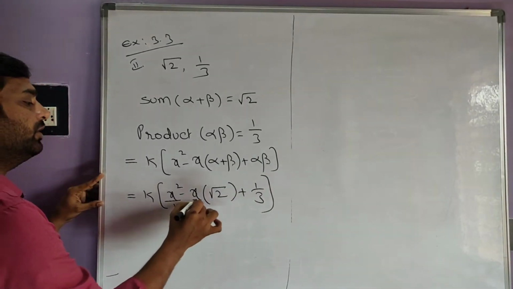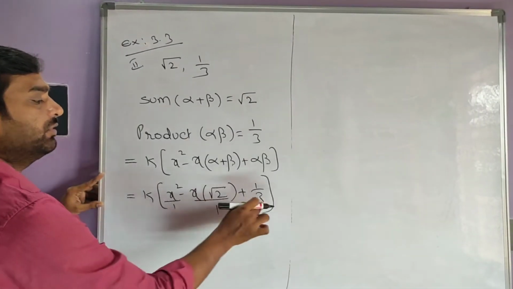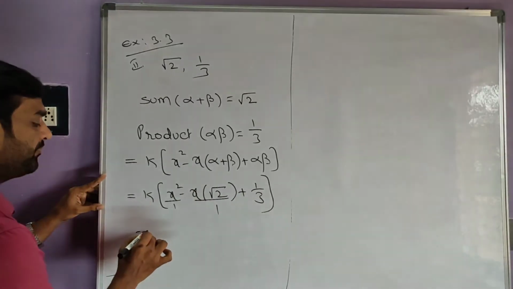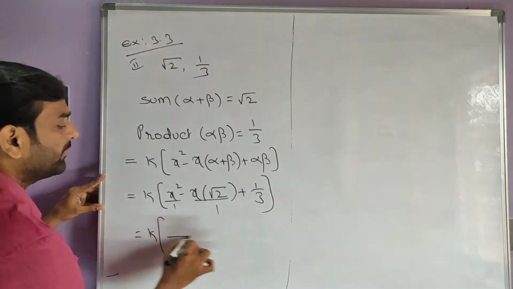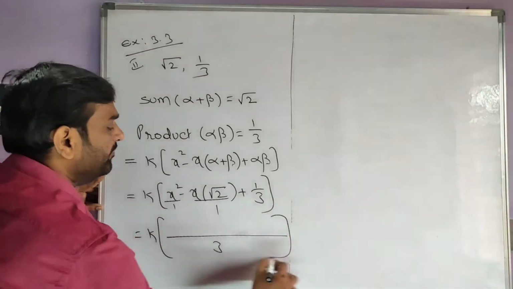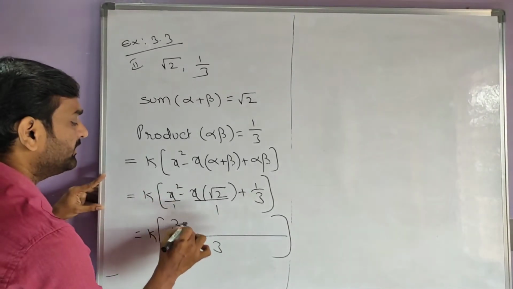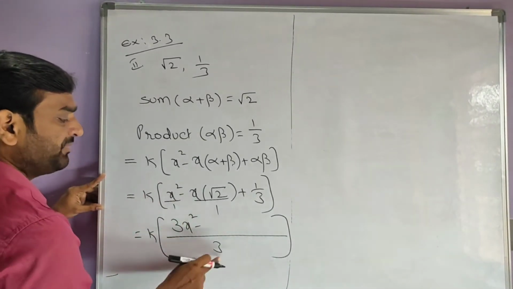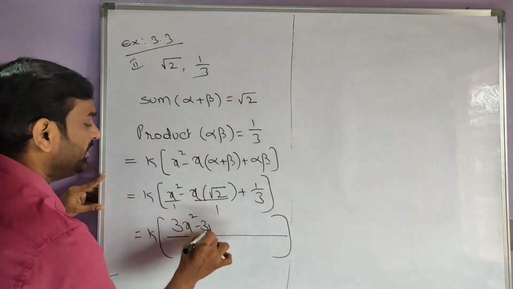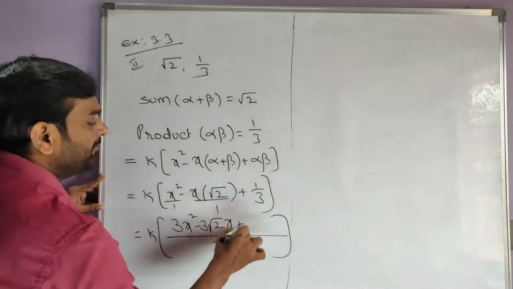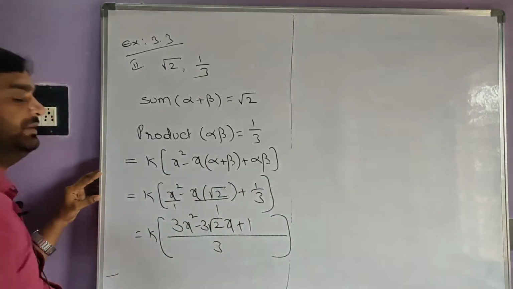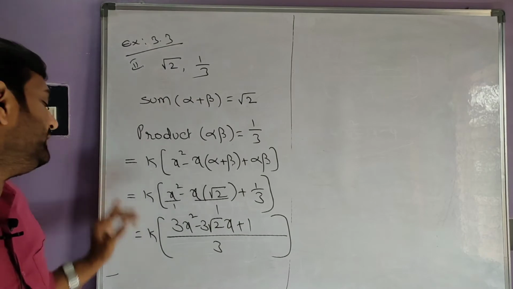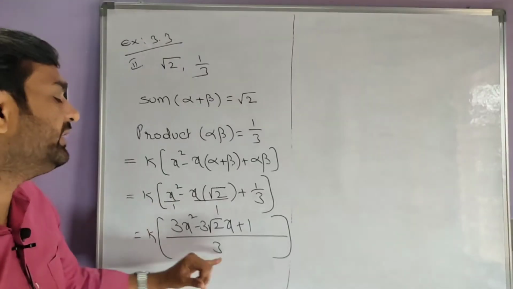The denominator here is 1, so 3 is the LCM. K of, if 3 is the LCM, 3 into x square, 3x square minus 3 root 2 x plus 1. Then let's take k value as 3 so that it gets cancelled.